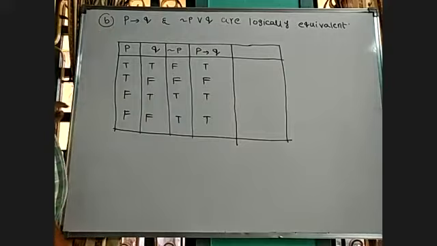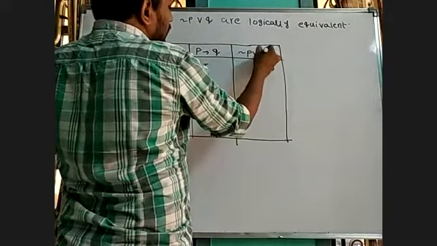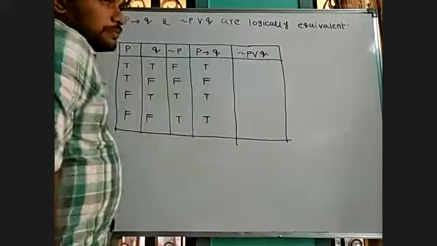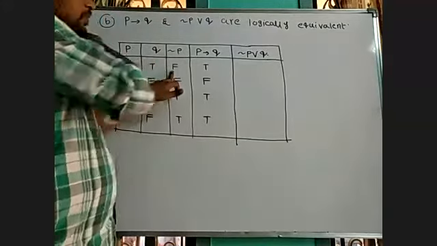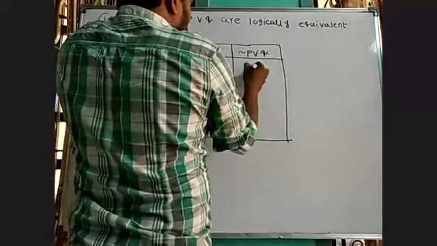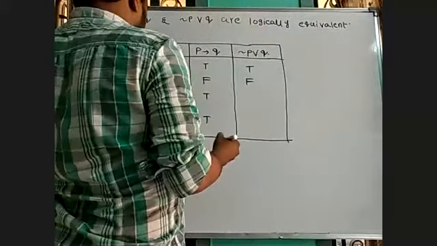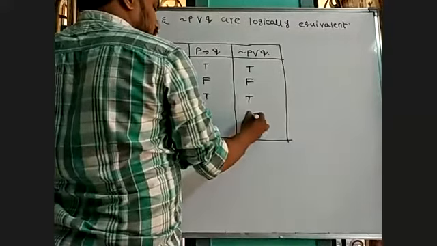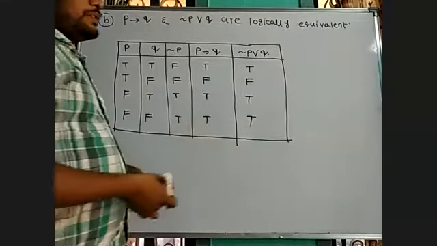Next, negation of P or Q: false true gives true, false false gives false, true true gives true, true false gives true. These both are equal, which means they are logically equivalent.